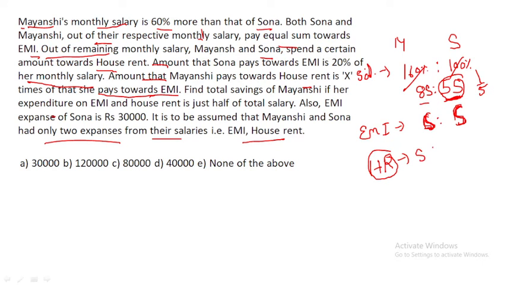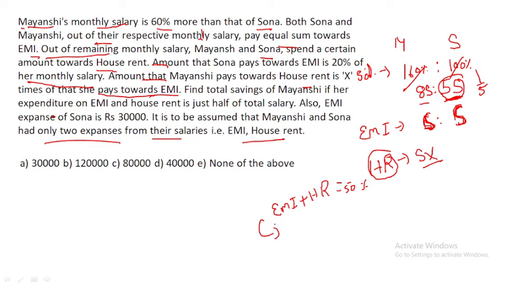So S into X will be the house rent. Okay. Now after this, what is given? Find the total savings of Mayanshi if her expenditure on EMI and house rent is just half of her total salary. So EMI plus HR is equal to 50% of the salary.